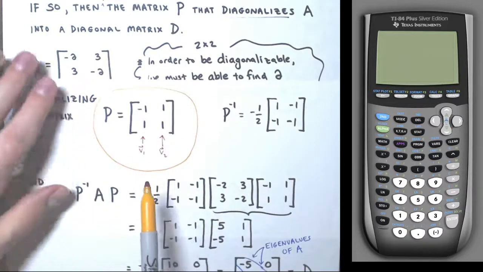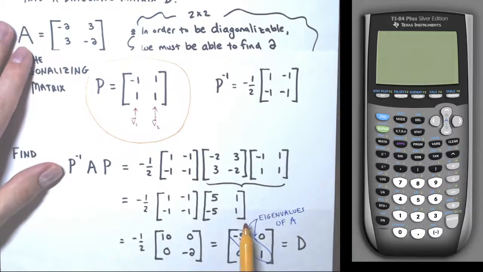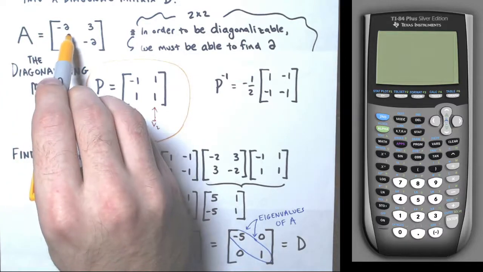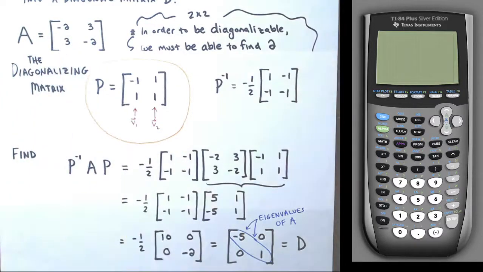A and D here should have the same rank, the same nullity, the same eigenvalues, right? All the stuff regarding similar matrices will be happening with respect to this A and D here. Okay. Great.